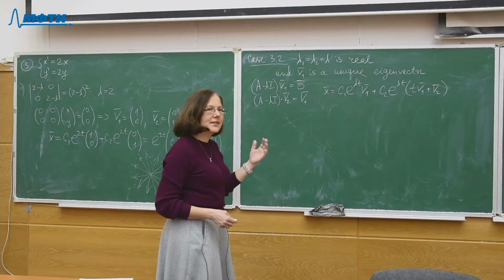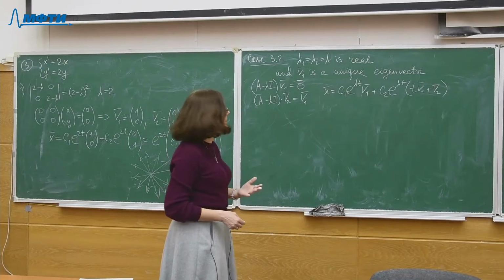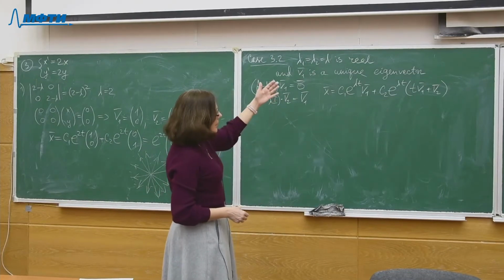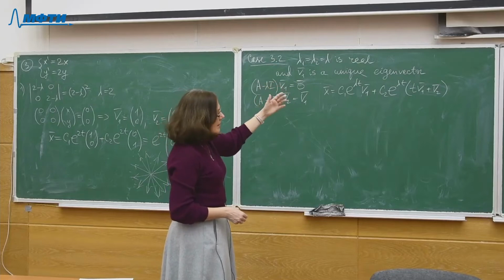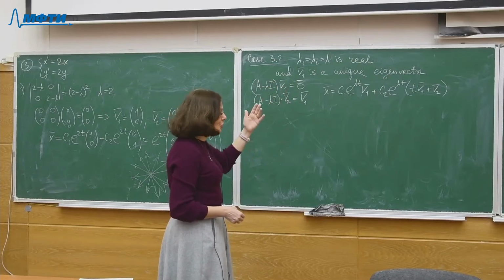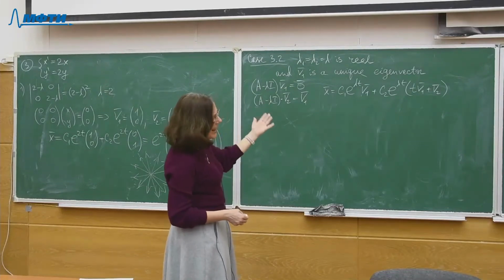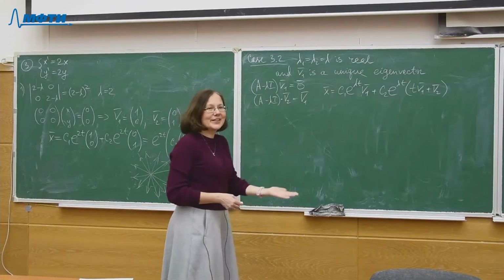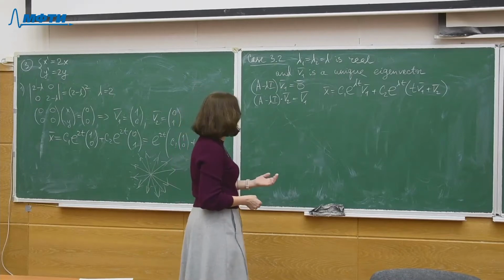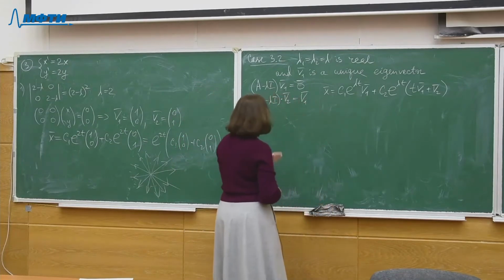Because this is a classification, it must be complete. So we need to speak about this case. It exists, so this situation may happen. I can't avoid this because this is a part of the classification.